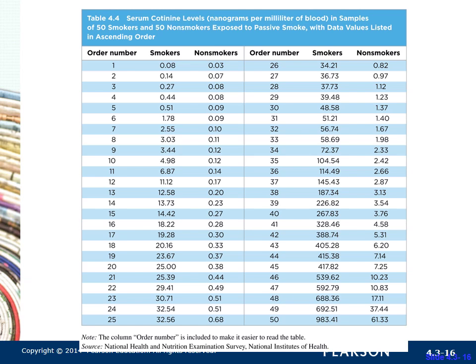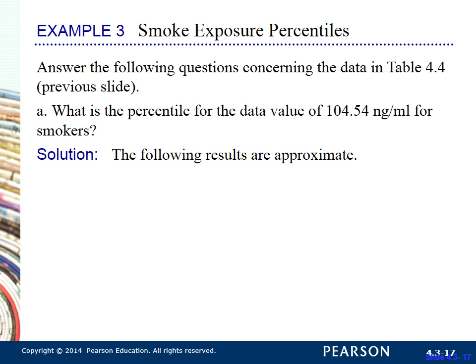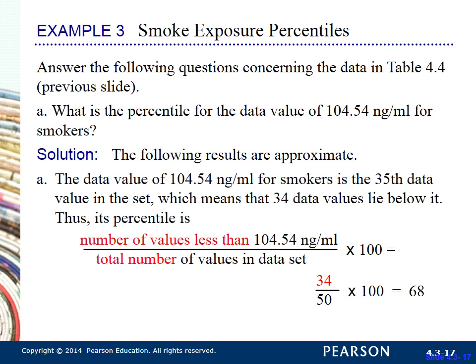All right, so we need to find 104.54. So you keep looking, and 104.54 is the 35th person on the smokers. Once I know that, I do one less than that, which would be the 34th person. So the number of values less than that 104.54 was 34 because it itself was the 35th.